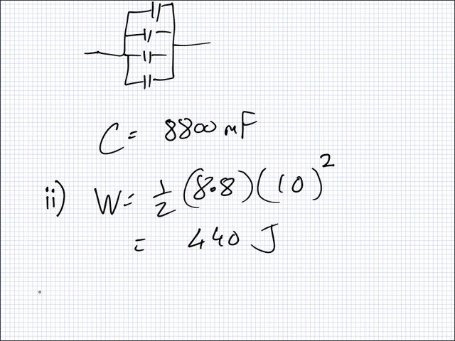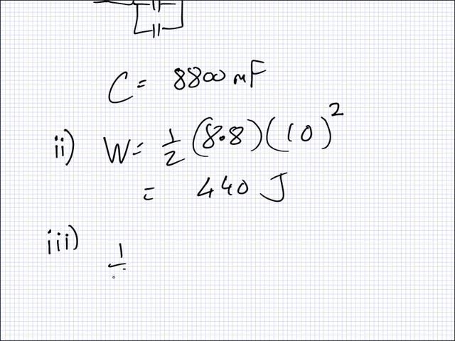Okay, next. Wait, let me guess. It's put in series. Yes, in series. And they ask what's the new total capacitance. Oh, they don't ask you to get the new energy. Fine.